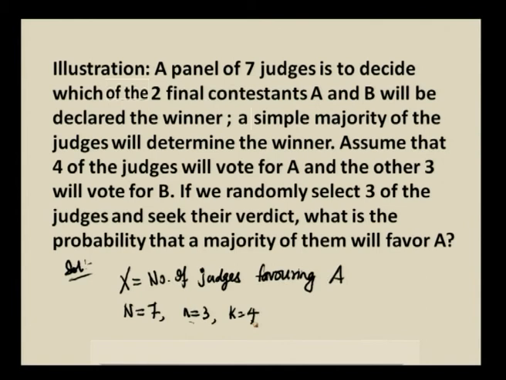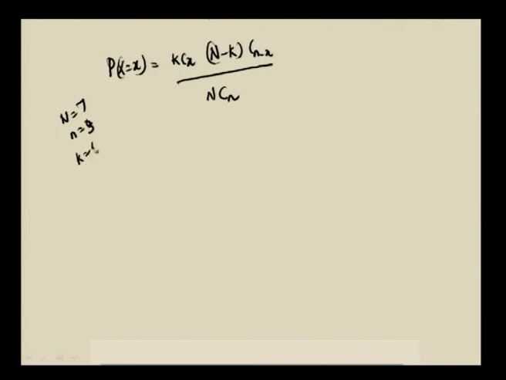Probability mass function with respect to these values: P(X = x) = kCx times (N minus k)C(n minus x) divided by NCn. Again, I will write down the values: capital N is 7, small n is 3 and k is equal to 4.